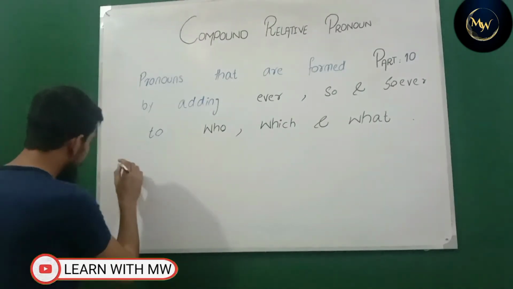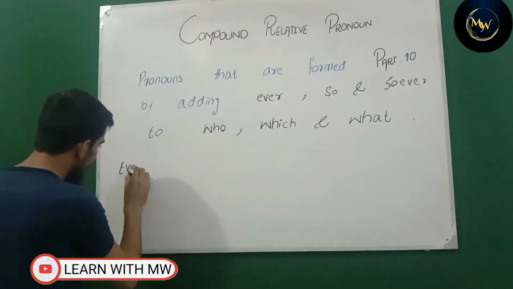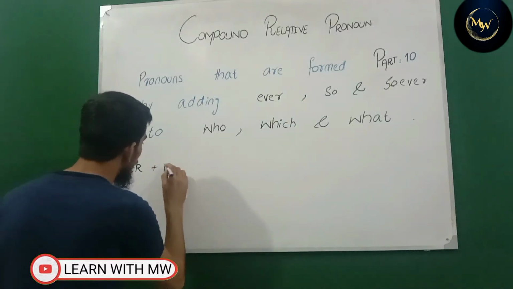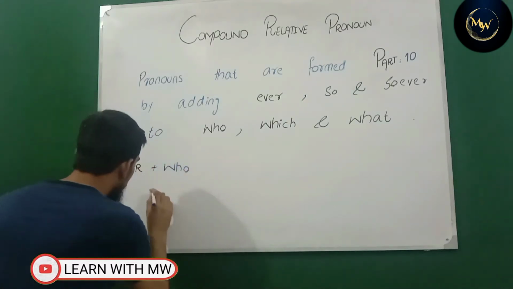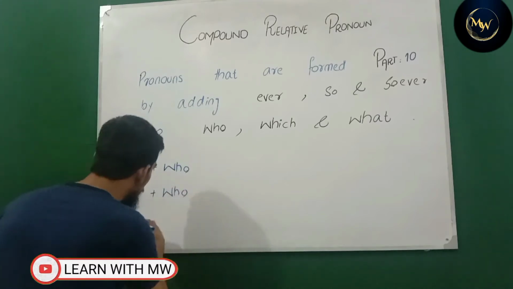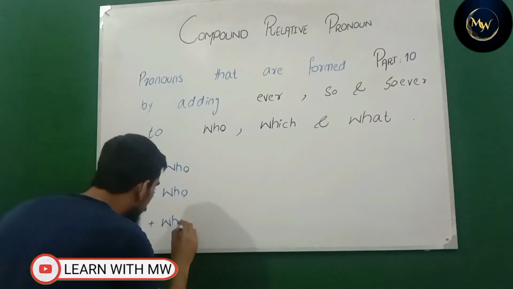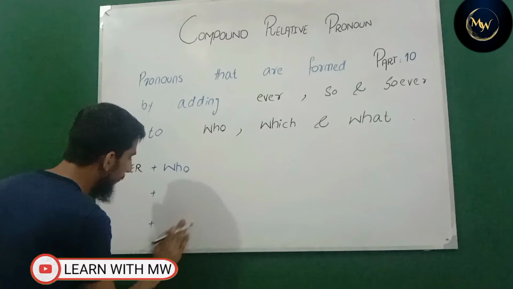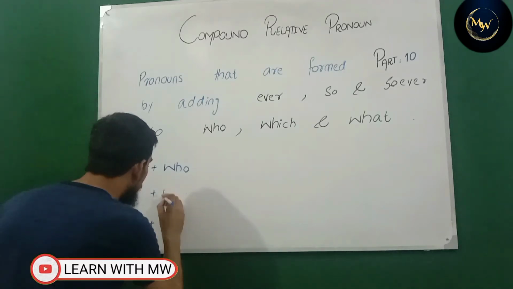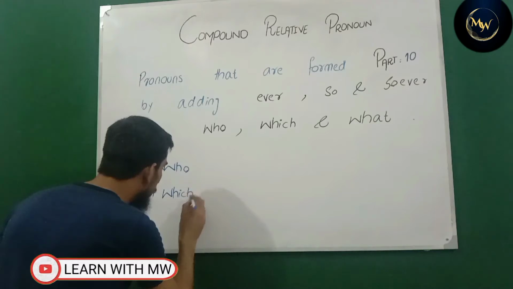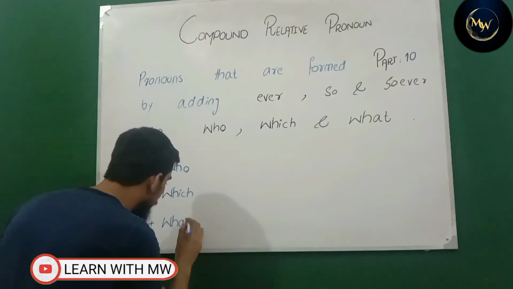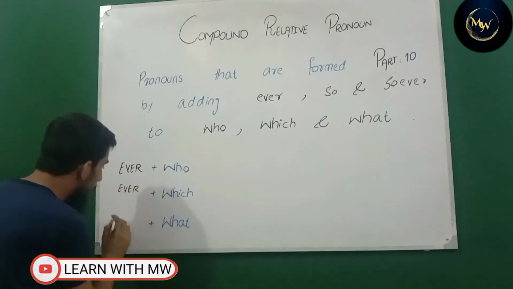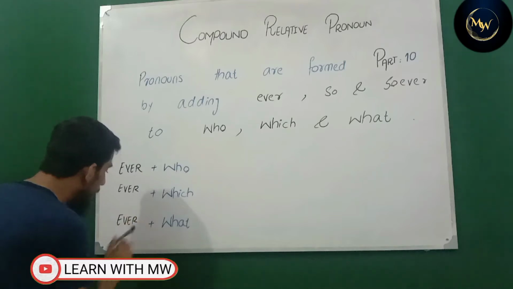Look, I'm making a combination. I'm writing ever. If I add ever to who, this is the relative pronoun who, and this is the relative pronoun which, and what. So if I add ever to all of these relative pronouns, then what do we get?